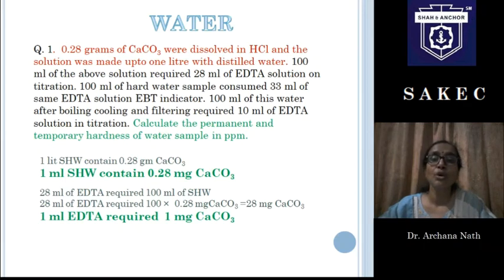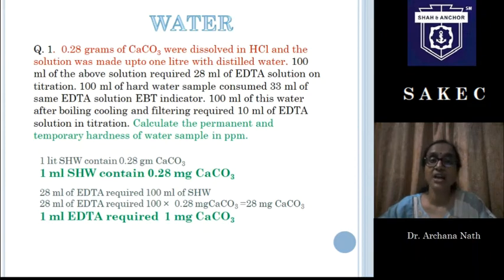So we will go step by step. In the first step, what is of importance is that 0.28 gram of calcium carbonate was dissolved in HCl and the solution was made up to 1 liter. So standard hard water in 1 liter has 0.28 gram of calcium carbonate, right?